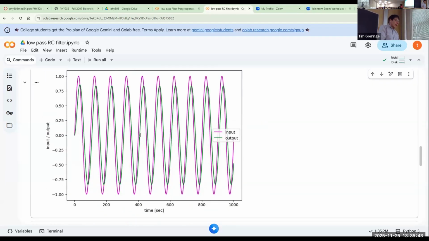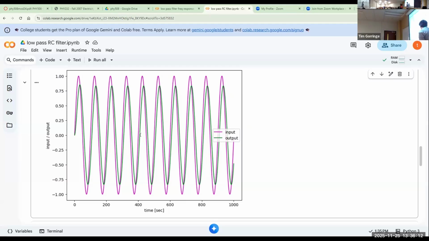So now I've got a frequency that is 10 millihertz. So I'm going to see 10 oscillations in my 1,000-second scale. And that's what I see in the magenta curve here, as 10 complete oscillations, because each oscillation has a period of 100 seconds, because the frequency was 10 millihertz.